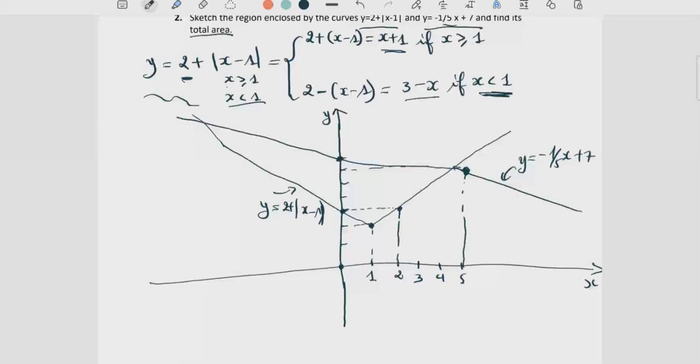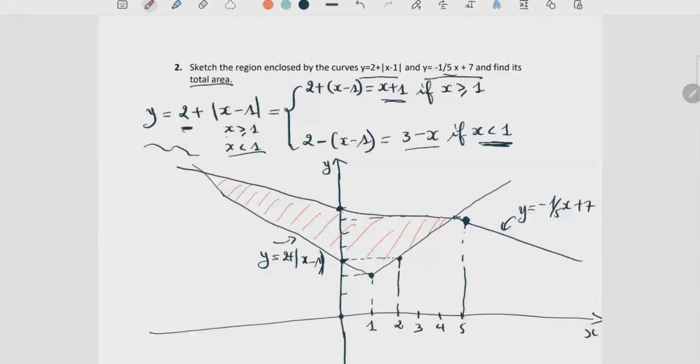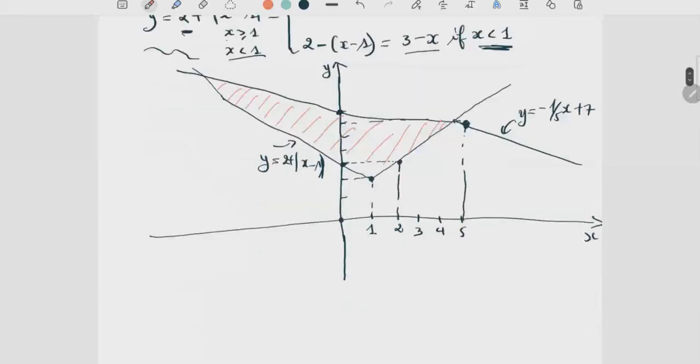So let's just represent this area in red. So this is the area that we are dealing with, and we are asked to find its total value.